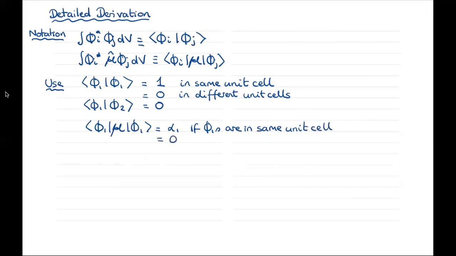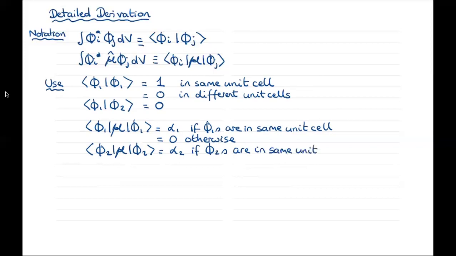And it's equal to 0 otherwise. And the same for phi 2. This will be alpha 2 if we're talking about the phi 2 on either side of the integral being in the same unit cell, so it's the same wave function, or it's equal to 0 otherwise.